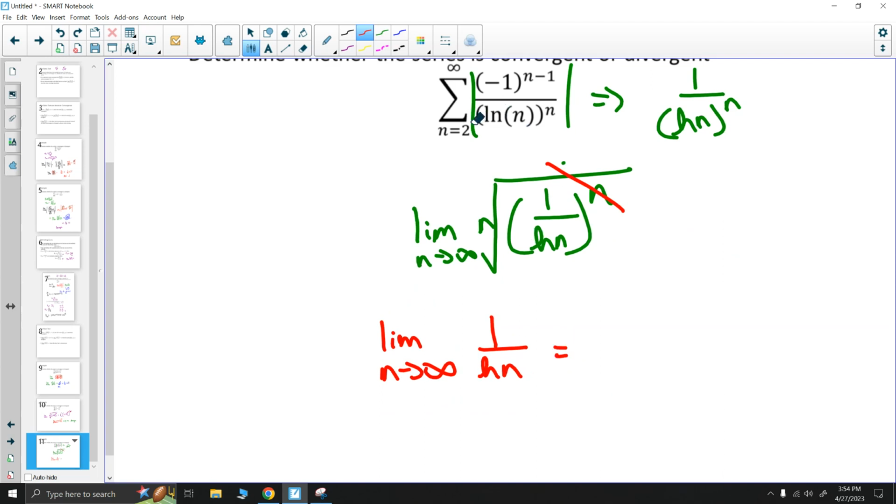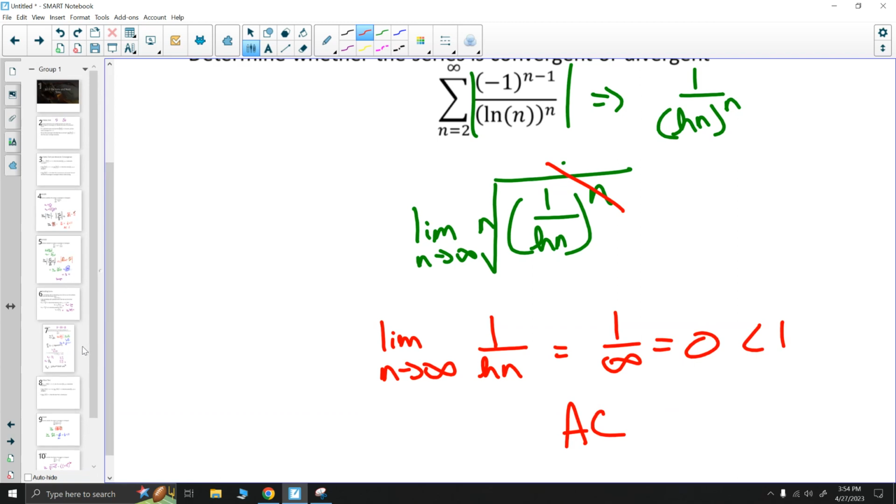And again, it starts at 2 because ln of 1 is 0, and that would cause this to be undefined. So we're starting at 2. But as this goes to infinity, natural log of infinity is infinity. So it's 1 over infinity, which is 0, which is less than 1. So it converges absolutely.